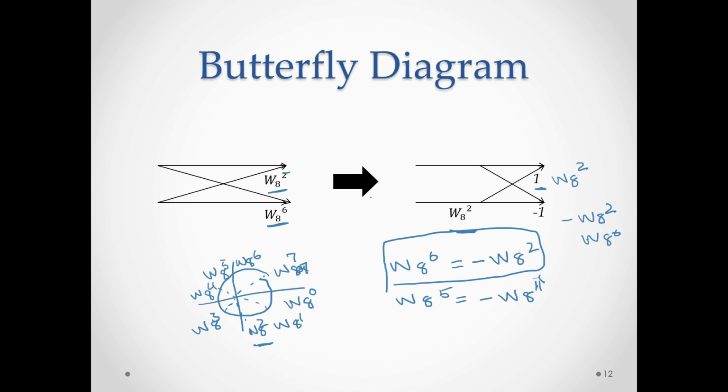So, to reduce the number of computations that we need, instead of using W82 and W86, we can move them back, and instead of calculating two different variables over here, we would just need to calculate one variable over here, that is W82.